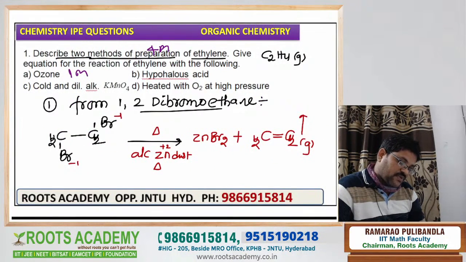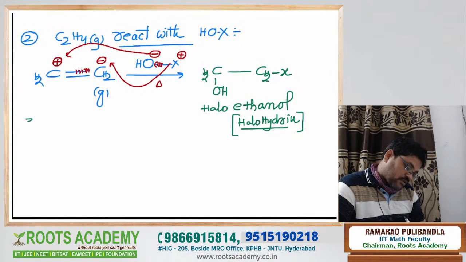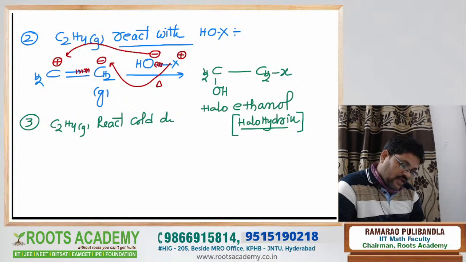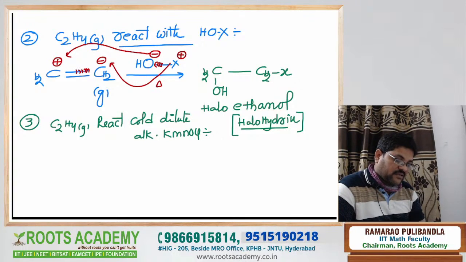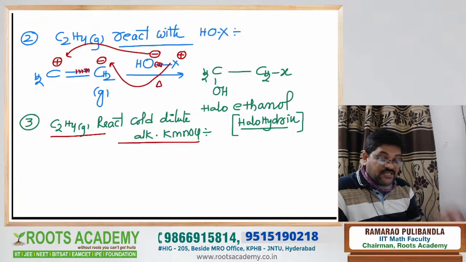HOX. And come to the next one, cold dilute alkaline KMnO4. Now see that. So reaction with what? Ethene gas reacts with cold dilute alkaline KMnO4, potassium permanganate. What am I saying, students? What is dilute?